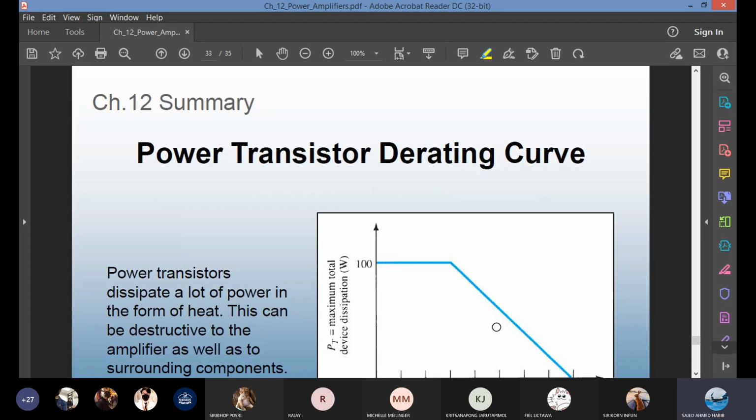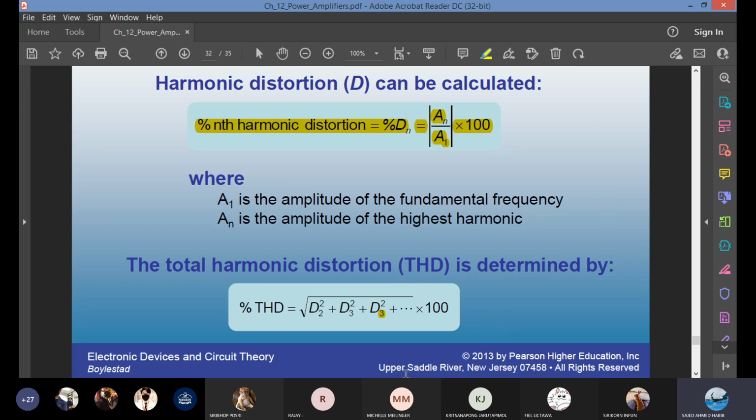Is there an example? I should bring you an example. Just wait for a few moments. I'm going to the content library to find this one. Power amp. Harmonic distortion. Yes, I have an example. Let me copy that one.